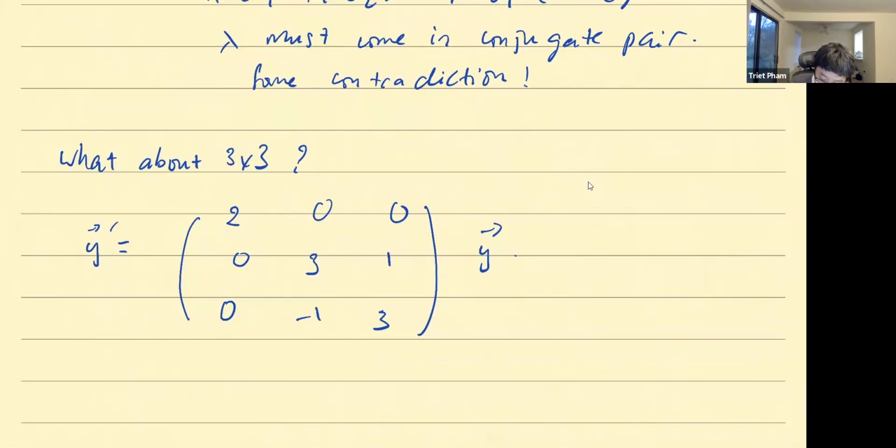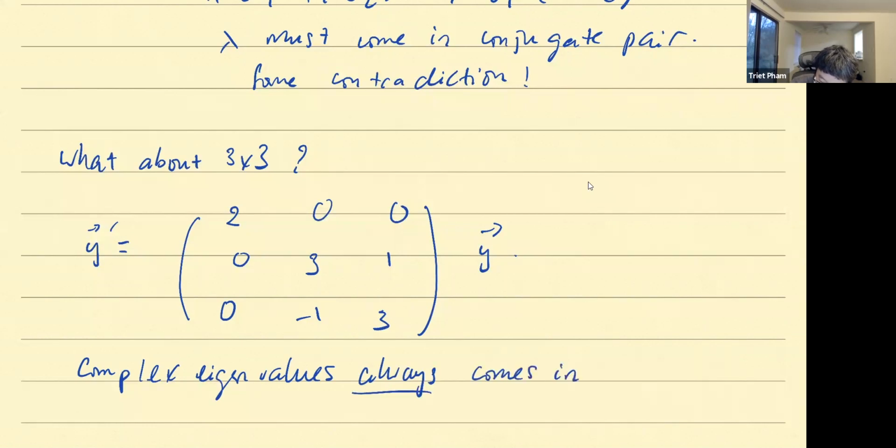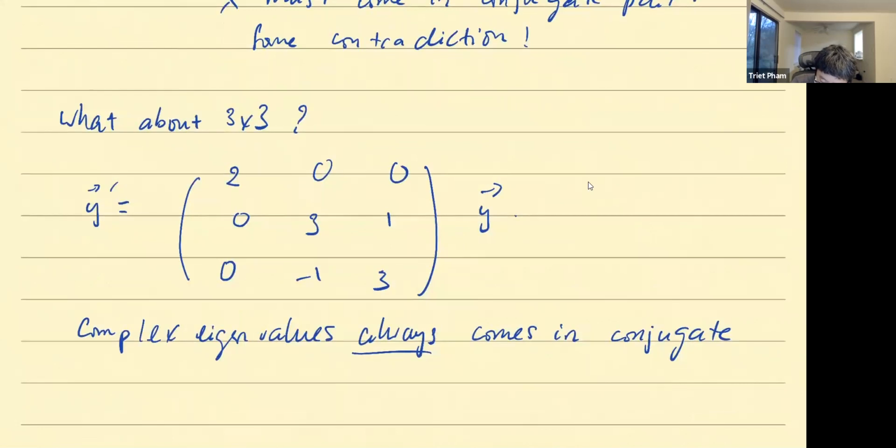In other words, complex eigenvalues always come in conjugate pairs.